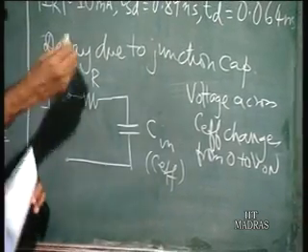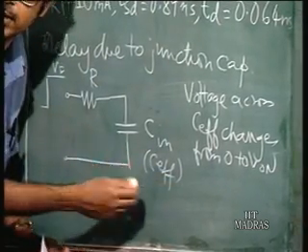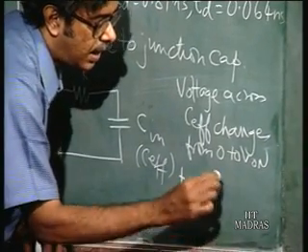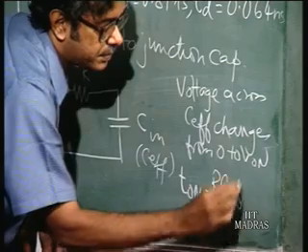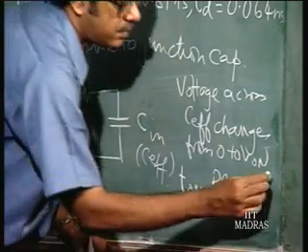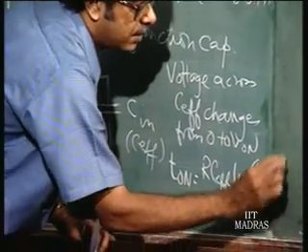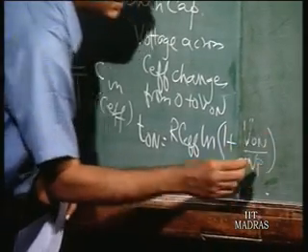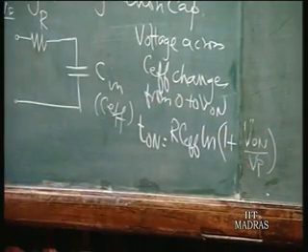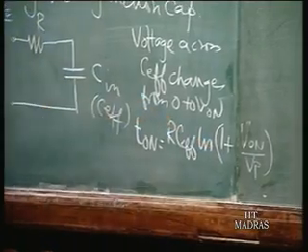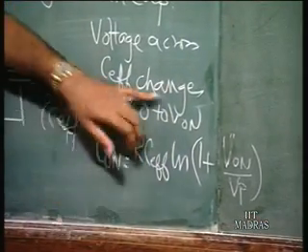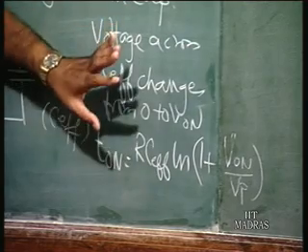So you can solve this very easily, and you will get T on equal to R C effective ln 1 plus V on by Vf. Of course, the assumption here is that V on is much smaller than Vf. If that is the assumption, you get this. Basically, the idea is it is going to be proportional to the RC time constant.